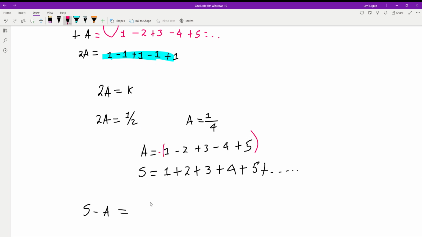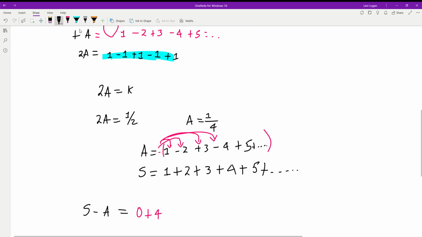So what we're going to get here is 0. What we're going to get here is, well, negative times negative 2 will be 2, and 2 plus 2 will be 4. So distribute this to every single term, and there's an infinite amount there, plus dot dot dot. Add it to this series here.